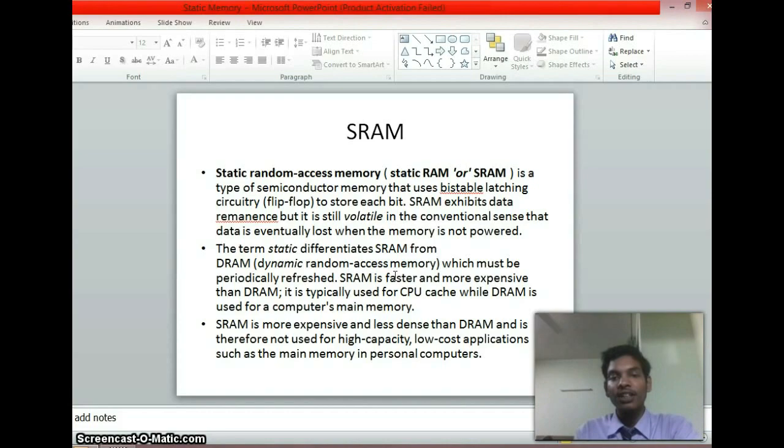Whereas in the case of DRAM, it is permanent data which is only lost when we delete it. In fact, SRAM is faster in nature and more expensive than DRAM, but helpful in storing CPU cache and other computer main memories. It may be dense, but it has higher capacity and also handles low cost appliances such as memory applications in personal computers.